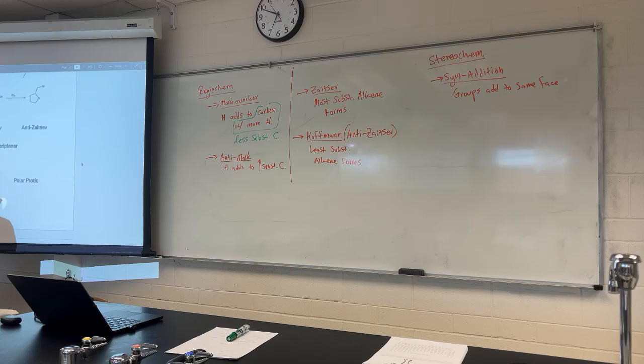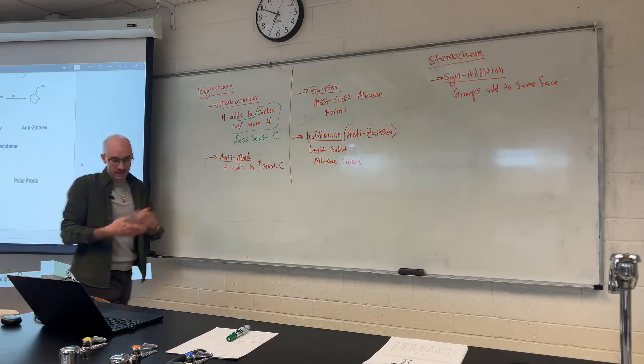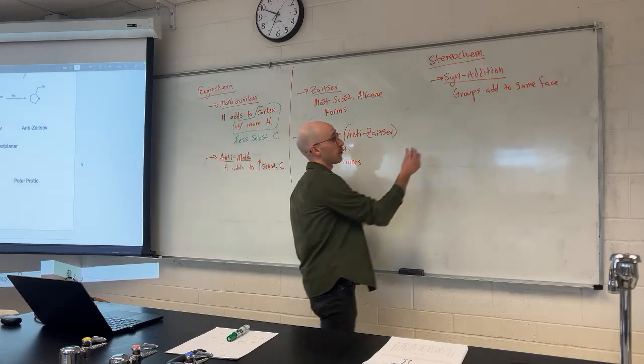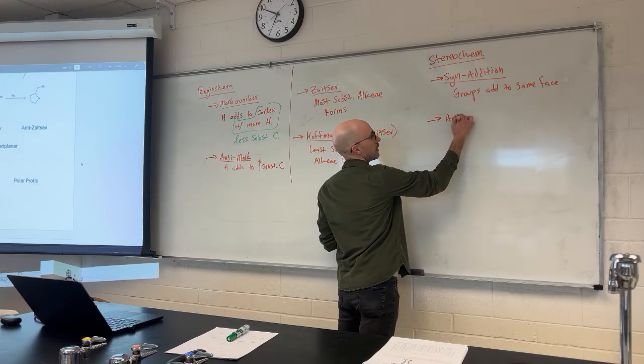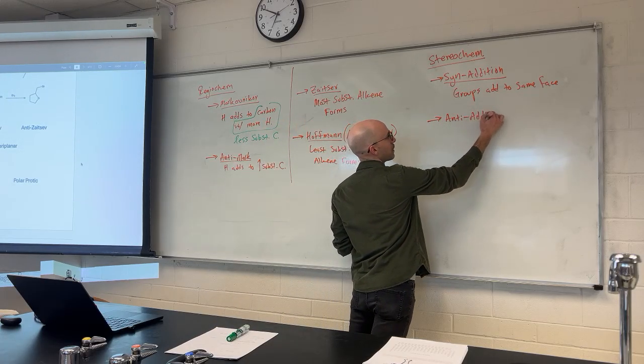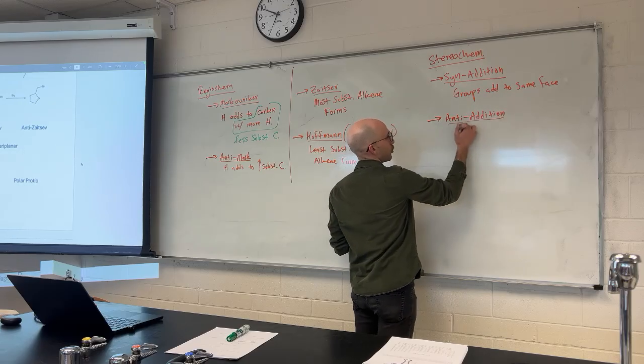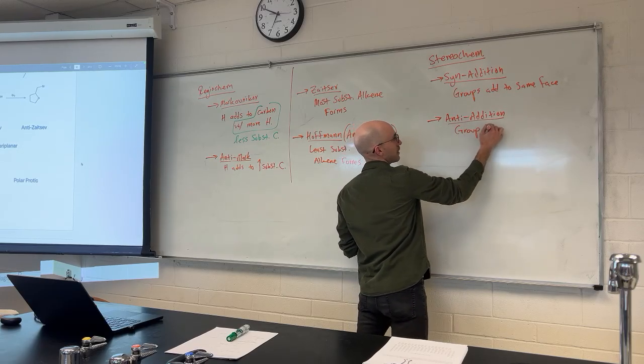So when we say syn addition, we say that two things have added to the same face. Oftentimes that's of alkenes, the same face of an alkene. But sometimes that translates to the same face of a ring. Anti-addition then is just the opposite. Groups add to opposite faces.